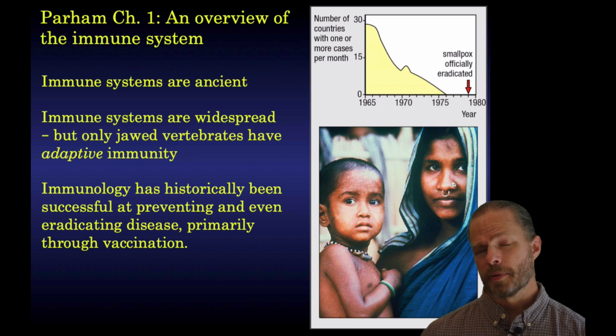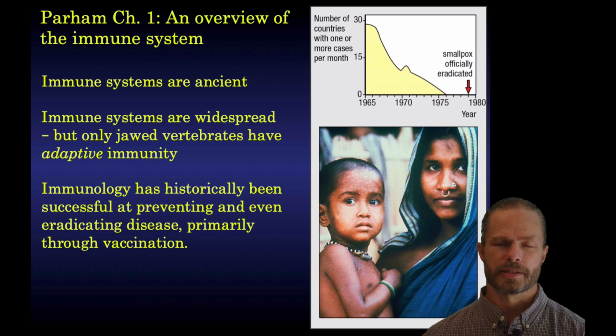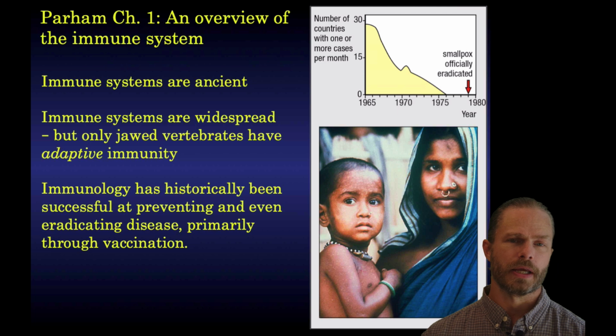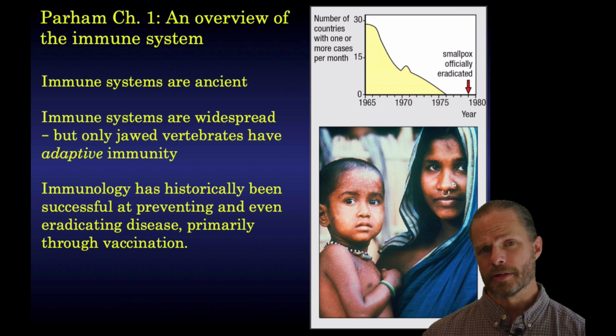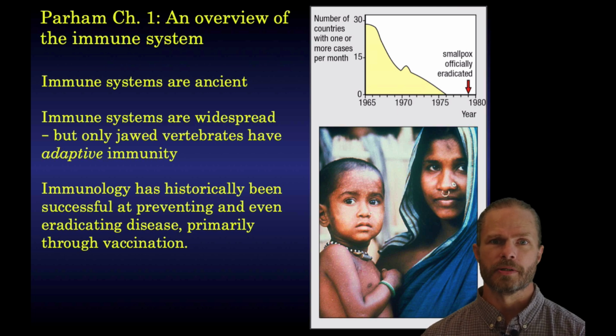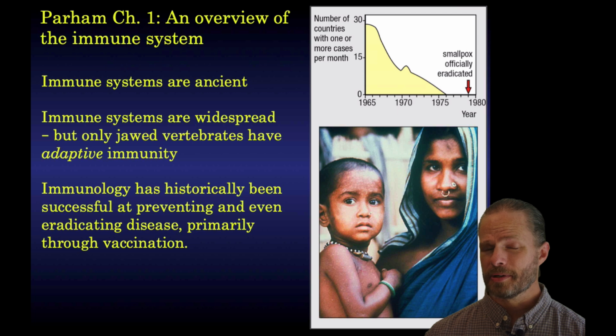Even if we manage to vaccinate everybody and get rid of COVID as we're experiencing it right now, there's always the possibility that a similar virus or the same virus could jump again into human populations from an animal reservoir. So when choosing viruses for potential eradication, we're pretty much restricted to those that are human specific, that don't have an animal reservoir. So immunology has been a very successful discipline.